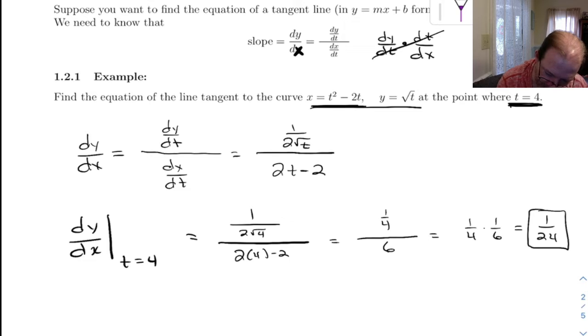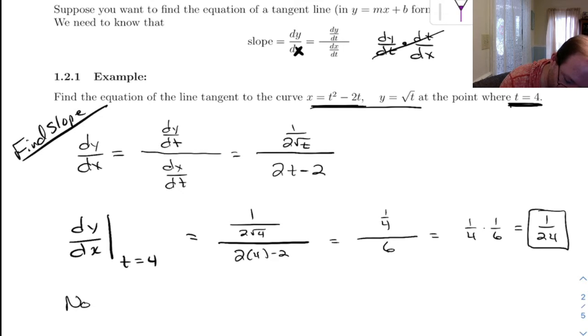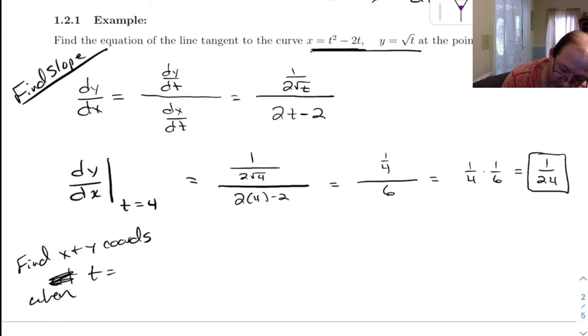To actually get the equation, we need to find the x and the y value at that tangent. So maybe I should write this up here first. Find the slope, and then find the point. Find the x and y coordinates when t equals 4.